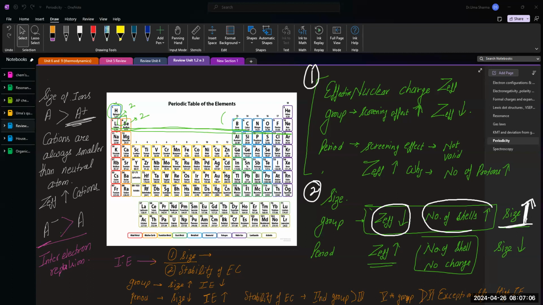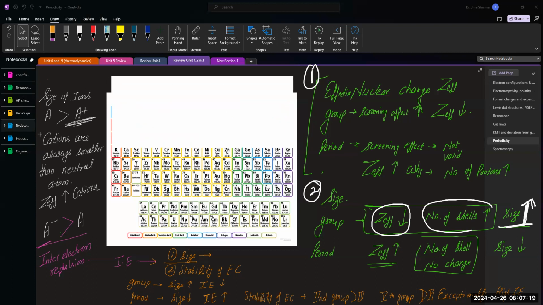Is it okay? The last factor we were doing, electron affinity. Electron affinity is also based on two factors. What are the two factors for electron affinity, children? Electron affinity, what are two factors, Azuni?